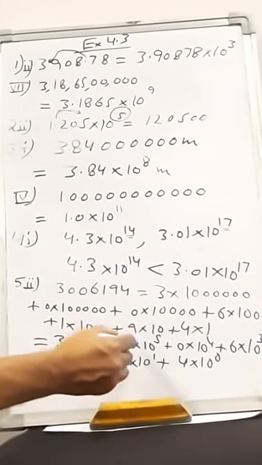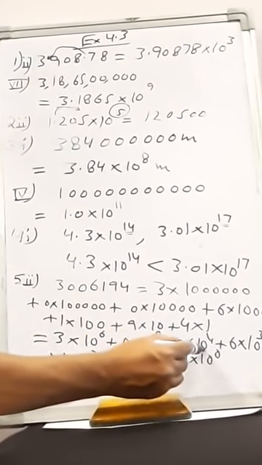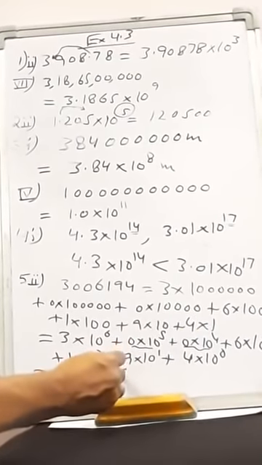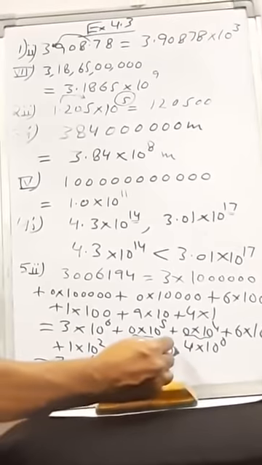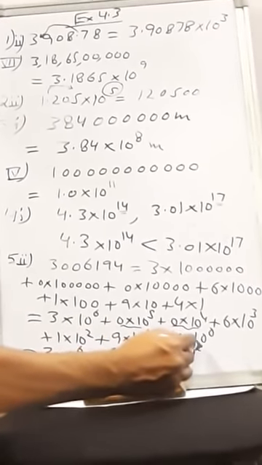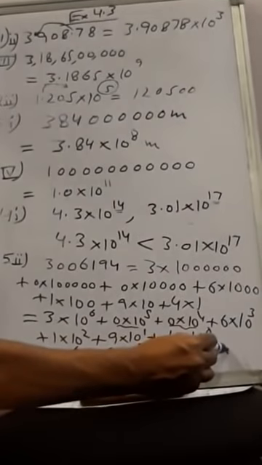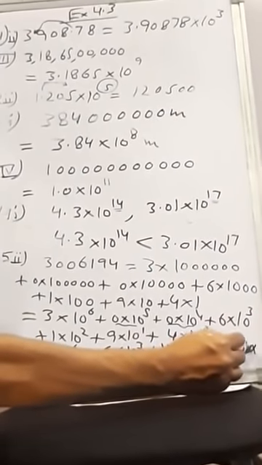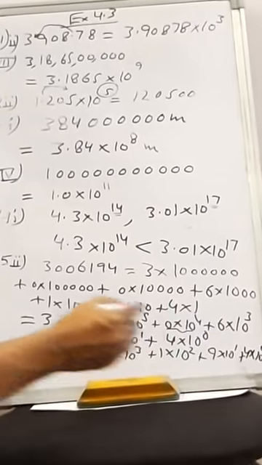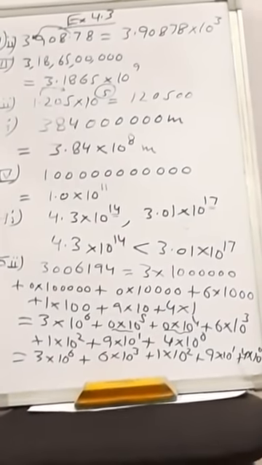Then this we can ignore, and this also we can ignore. So we'll write 6 into 10 to the power 3 after this, plus 1 into 10 to the power 2, plus 9 into 10 to the power 1 and plus 4 into 10 to the power 0. So this is the final answer.